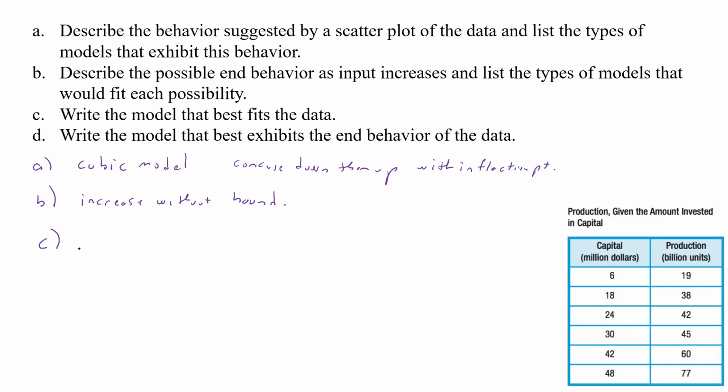Now, what about write the model? So that one, we have P maybe of C, okay? That might be a better way to do it.